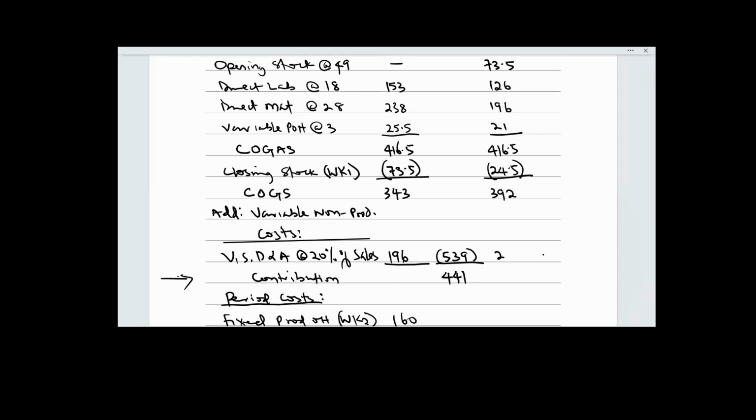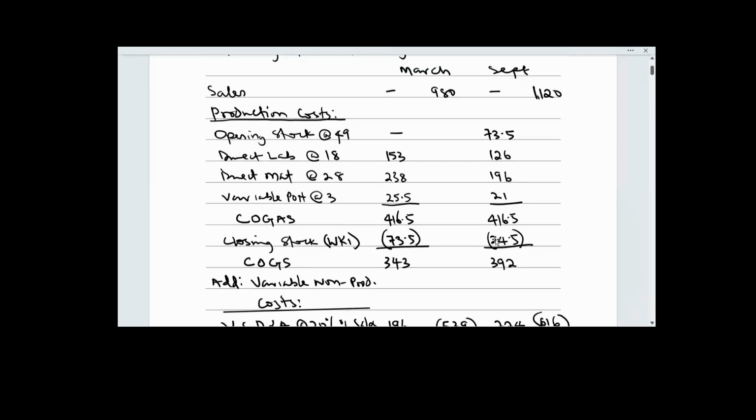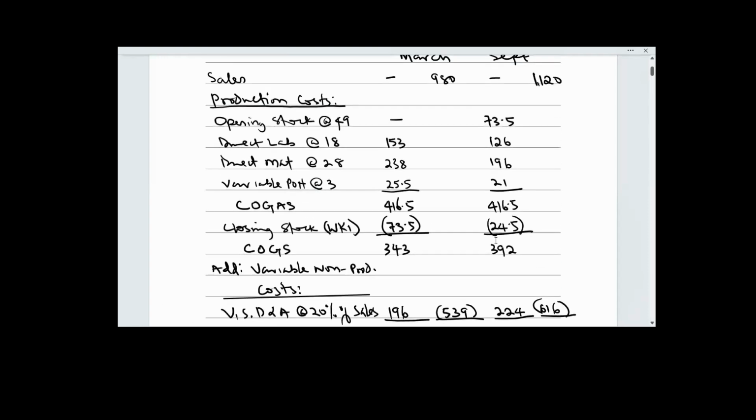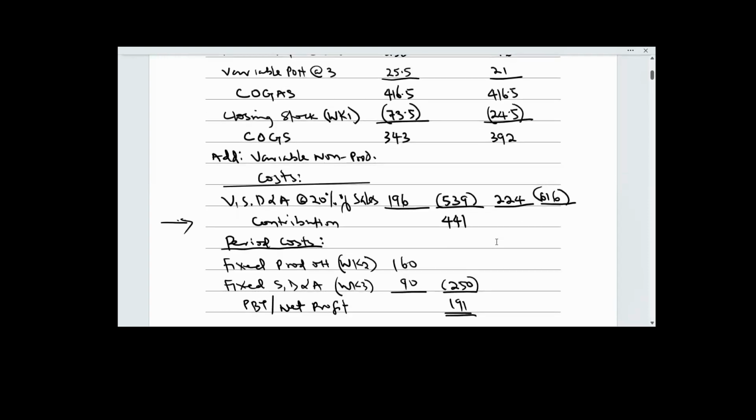So here will be 224. 224 plus 392 is 616. 616 minus 1120 gives 504. Here is 504.